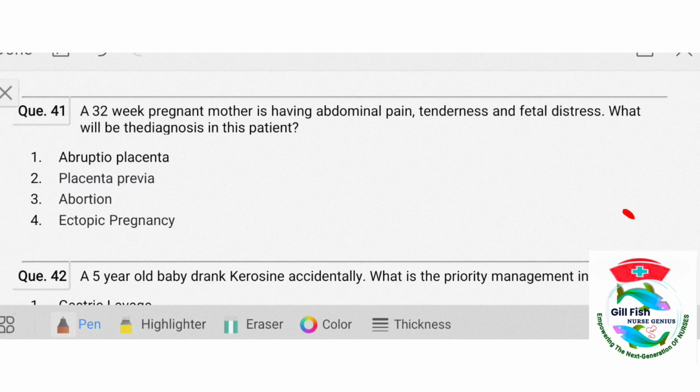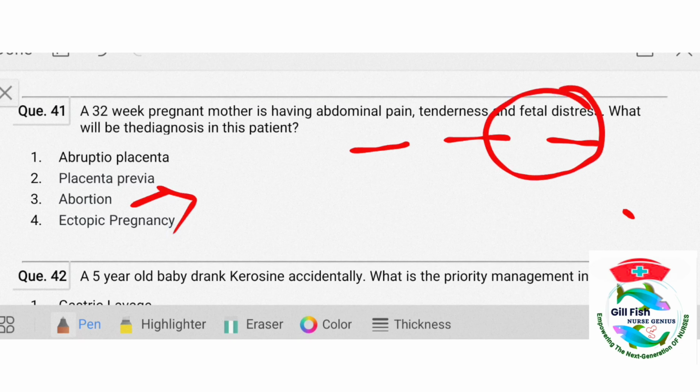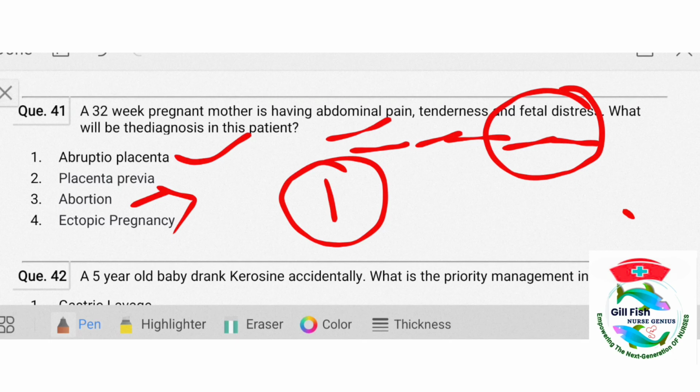She is at 32 weeks of pregnancy, with abdominal pain, tenderness and fetal distress. In placenta previa there is bleeding. In abortion there is bleeding, but she is not having bleeding, only fetal distress. So the pain, tenderness and fetal distress indicate abruptio placenta. So option 1 will be the correct answer. Okay, fine. Move on to the next question.